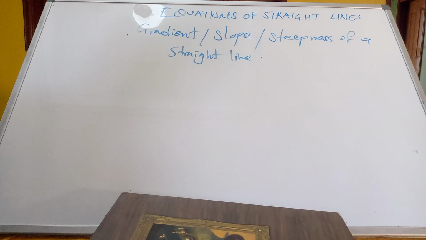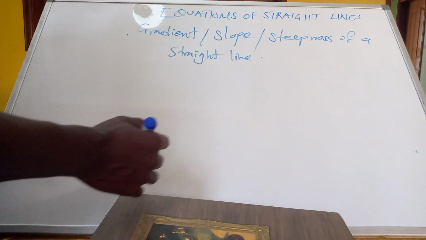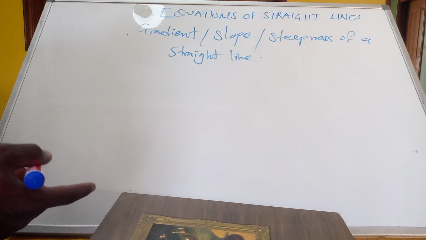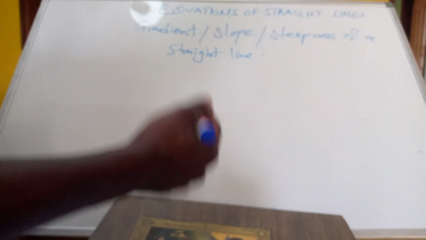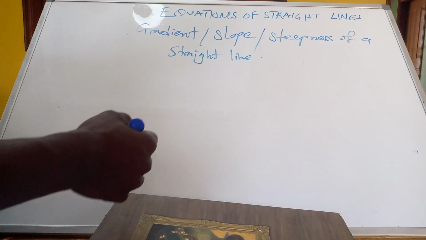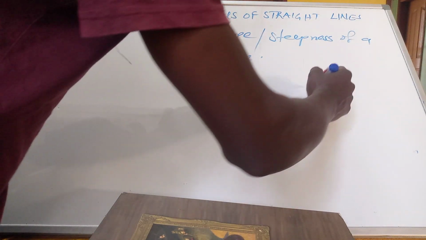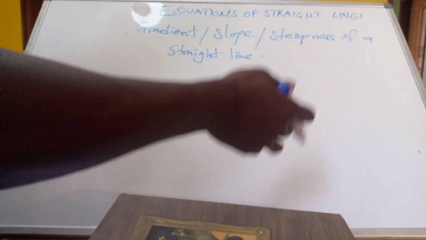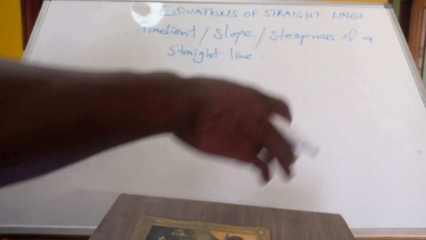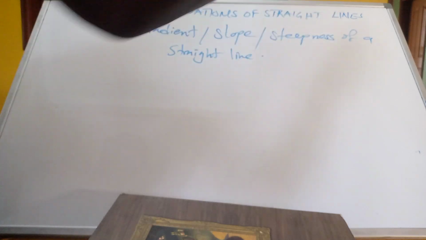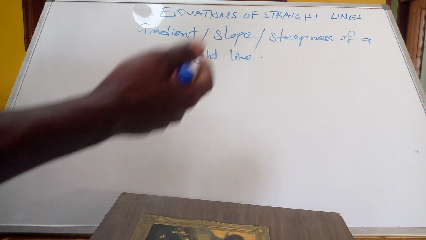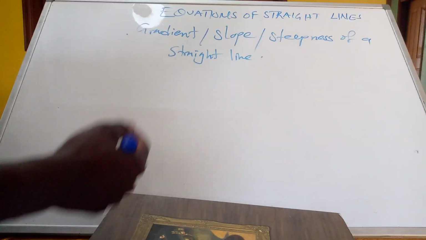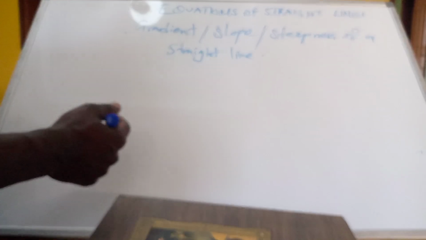Mainly, I can tell you that a gradient is a ratio of a vertical rise. Let me say you have a road. We have horizontal roads, but we have those that are inclined at any given angle, like hills. Those hills have what we call a gradient.